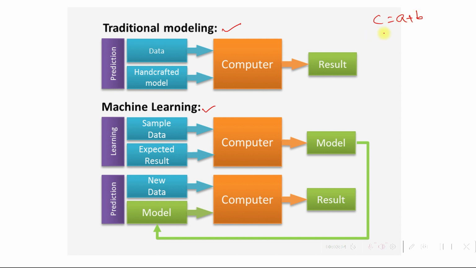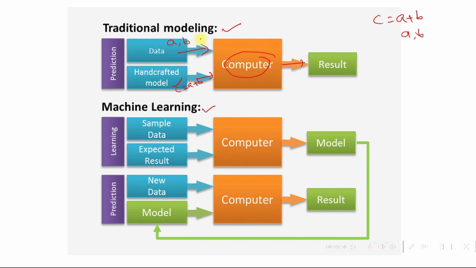In this one, the data required is A and B. So here the data is provided as A and B, and we are developing one model. That model contains the entire program, where we write C equal to A plus B. The computer takes the data as well as our model, and based on them the computer generates the output.